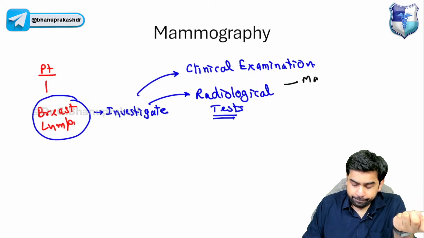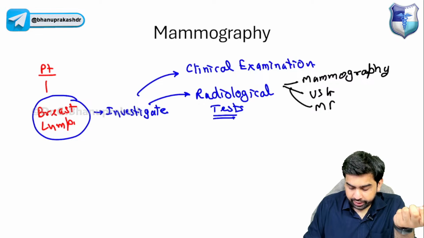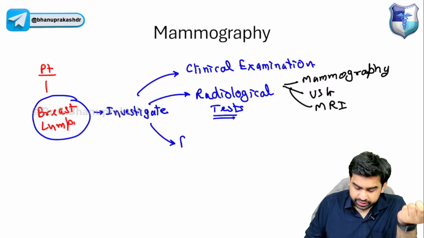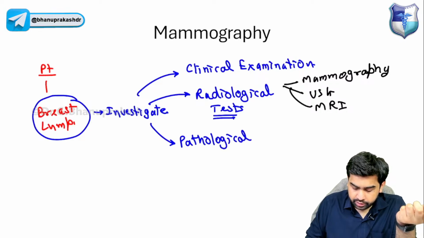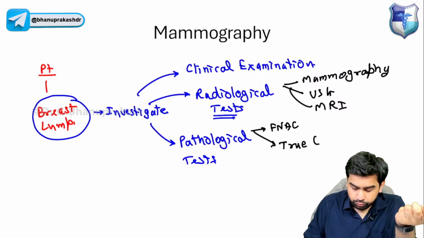You have mammography, then you have an ultrasound, and you have an MRI. We are going to talk about that. And then there are the pathological tests which you can perform. You can perform an FNAC, you can perform a true cut biopsy.